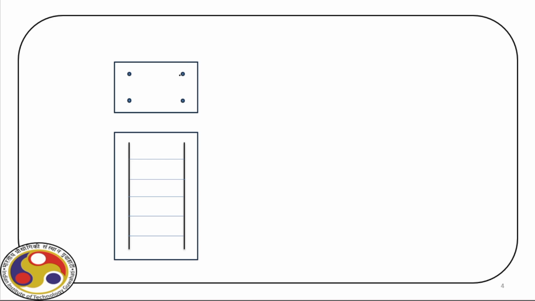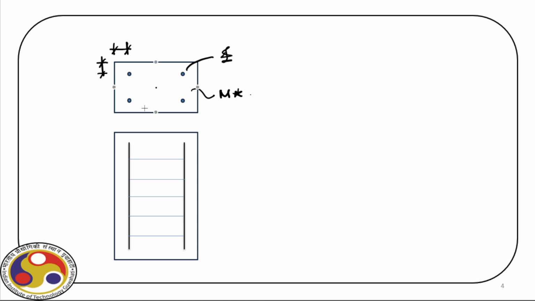So, our task is to design the dimensions of this column. It is made of some grade of concrete. There is again here clear cover on either direction. And then we have this centroidal axis.